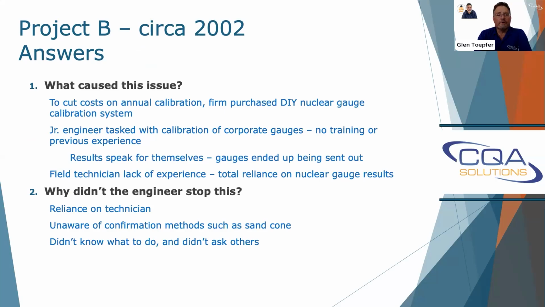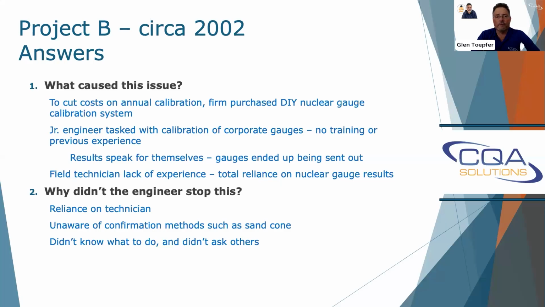So what caused the issue? The firm we were working for tried to cut costs on annual calibration, so they purchased a do-it-yourself nuclear gauge calibration system. They had a junior engineer calibrate the gauges. She had no training or previous experience. She just had to use a manual. And the results ended up speaking for themselves.